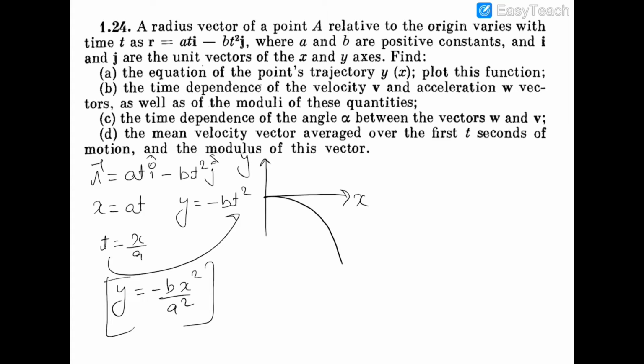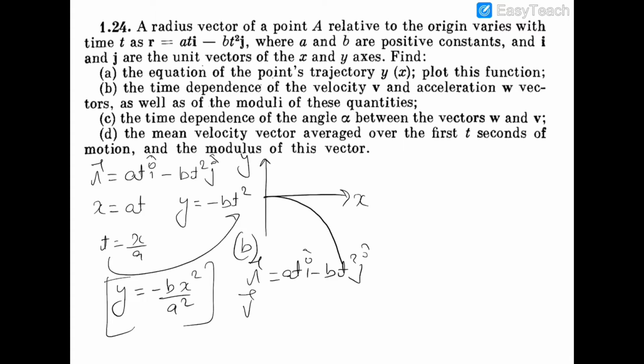And we have to find out the time dependence of velocity and acceleration vectors and the magnitude of these vectors. So this is question number B. r is equal to at i cap minus bt square j cap.